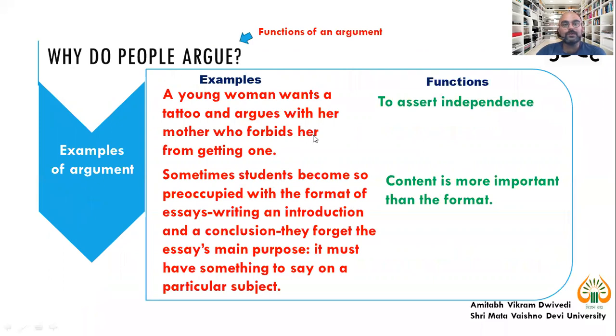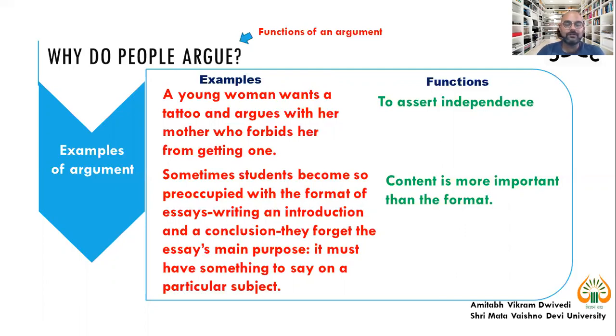When we look at this example carefully, we find that the young woman might be asserting her independence. Another reason, from the mother's point of view, is that there is a possibility that the mother is a conventional mother and she doesn't like tattoos and other things related to that.